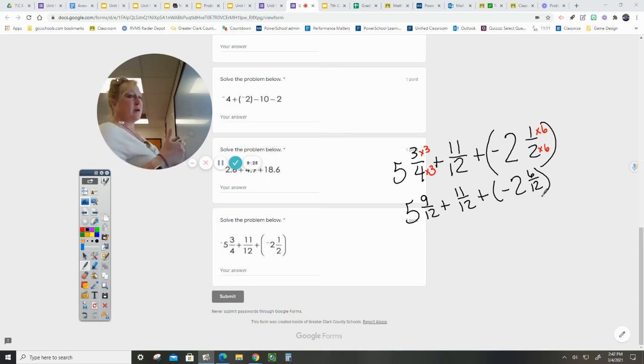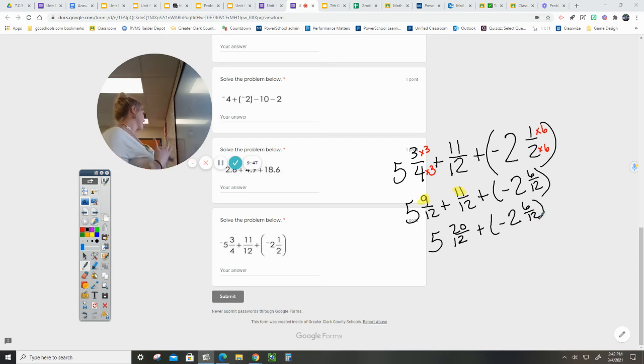You ready? I am going to start by adding these. I have 20 over 12, and I bring the 5 along because the 5 stays, plus -2, 6 over 12.